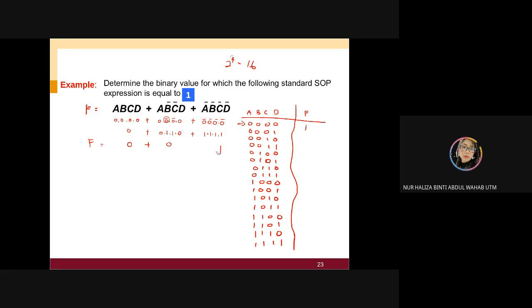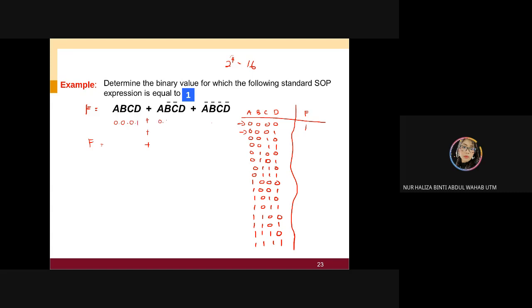Second scenario, you have 0 for A, B is 0, C is 0, and D is 1. So if we have just this condition, we're going to put A is 0, B is 0, C is 0, D is 1.